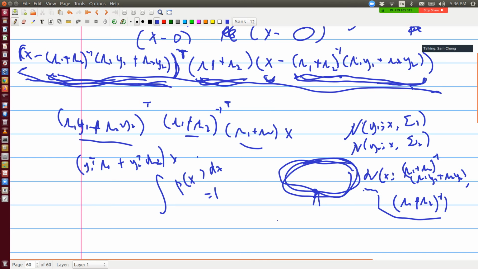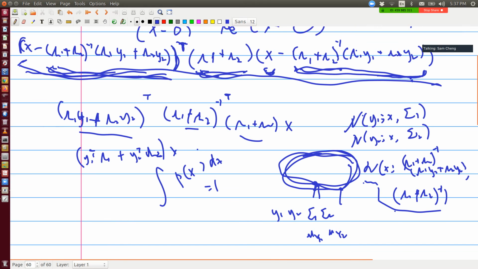The normalization factor will depend on y1, y2, the observations, and it can also depend on sigma 1, sigma 2, and maybe even the means for y1, y2, but it won't depend on x. So now let's look for this constant, this normalization factor.